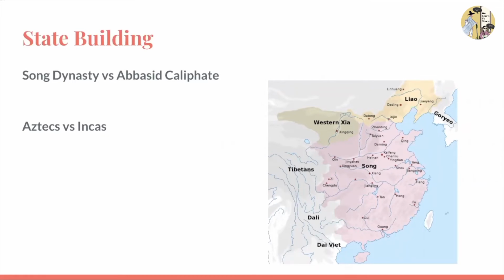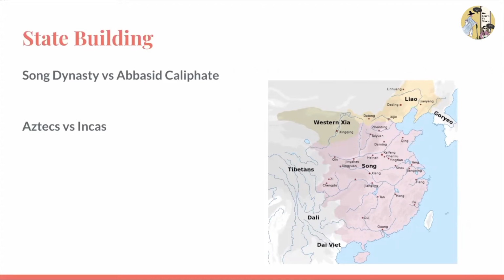For state building, the largest and strongest comparison will be between the Sung Dynasty and the Abbasid Caliphate. The main idea to remember here is that while the Sung Dynasty, nicknamed the Golden Age, largely flourished, the Abbasid Caliphate, on the other hand, was not able to flourish as much.